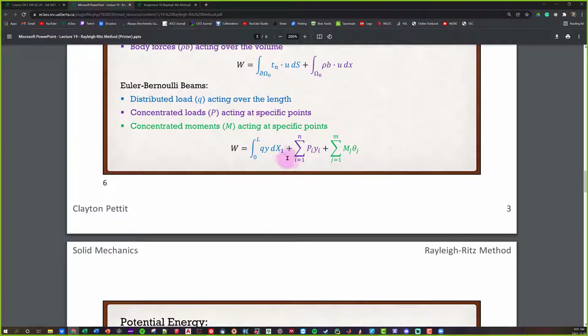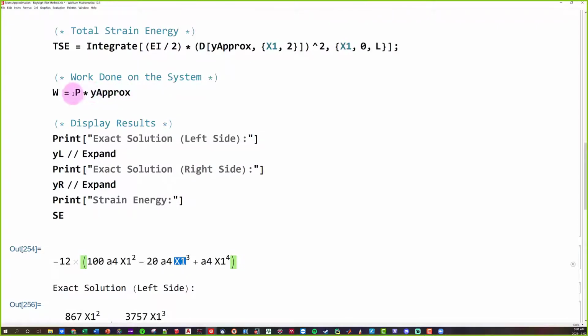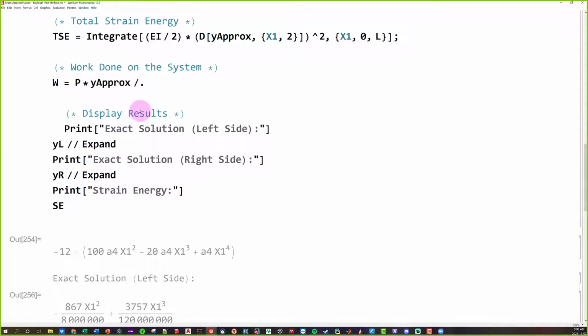If we were to look at a distributed load, we multiply by the complete displacement function, but then we integrate from 0 to L, which gets rid of the x1. Since we don't integrate, we actually have to specify that this point load acts at a certain location. So we know that it's going to be P times our approximation function, specifically when x1 is equal to D. Again, we're saying that this point load P acts at x1 is equal to D. So good call, you guys got it.